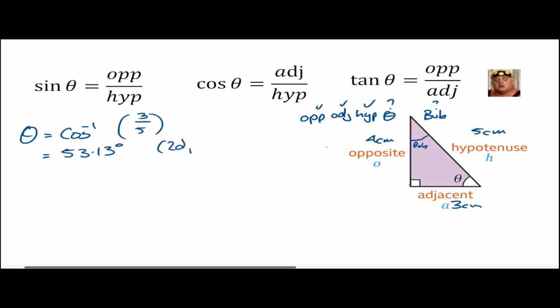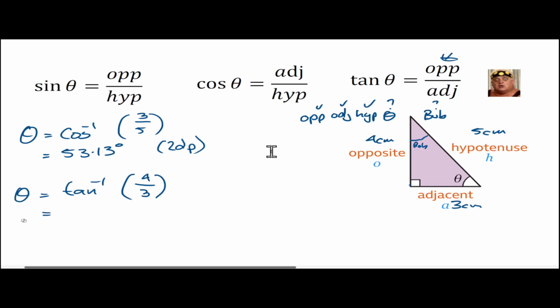Degrees, 2 decimal places. Alright, let's work it out using tan. Say we're told to work it out using tan. Well, tan has opposite and adjacent. So theta is going to be tan -1. Opposite is 4, adjacent is 3.